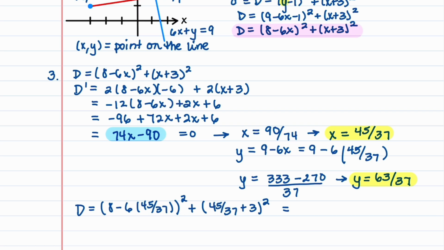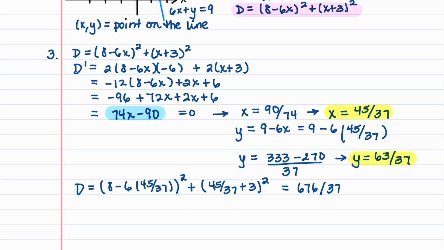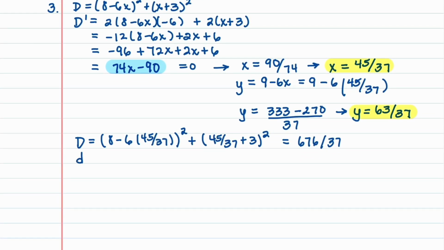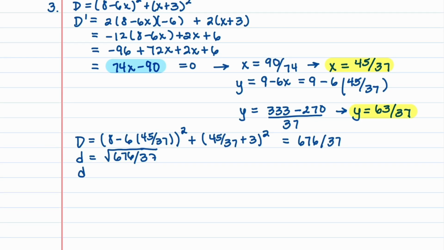I am not going to take time in this video to work through that calculation, but you end up with 676 all divided by 37. So that tells us that our distance little d is the square root of 676 divided by 37. And this gives us that d is 26 divided by the square root of 37. Let's go ahead and highlight that. That is our minimum distance.